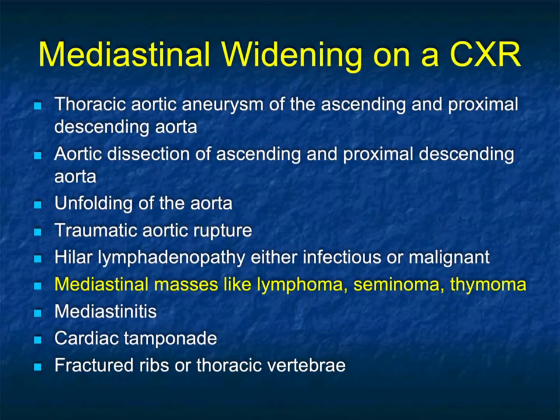Is it more likely a lymphoma or metastasis like a seminoma? Primary anterior mediastinum, things like a thymoma, or a neurogenic tumor more common in the posterior mediastinum? Could the patient have infection like mediastinitis? Or is it simply cardiac tamponade? Or is it related to underlying bony abnormalities, be they in the thoracic spine or in the sternum, whether it's from a tumor or it's from recent surgery? You can see the mediastinum really covers many different things.